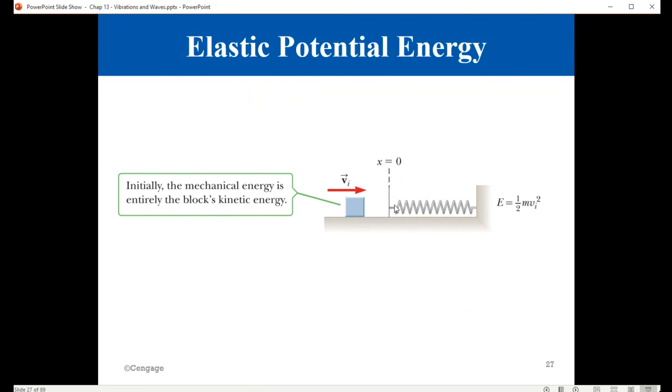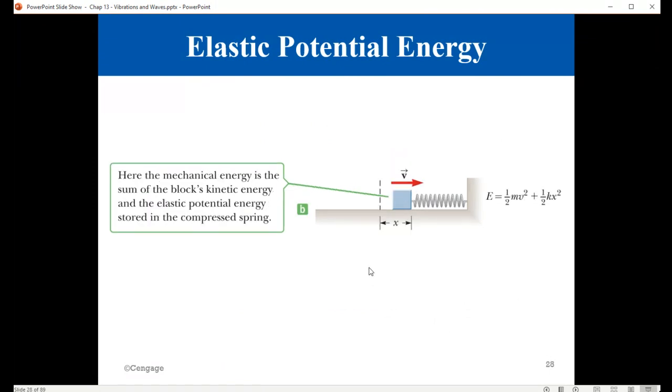Now this mass will hit the spring, will compress the spring, but before it does that, the total kinetic energy is half m vi squared. As we learned in Physics 1, the kinetic energy is half mv squared.